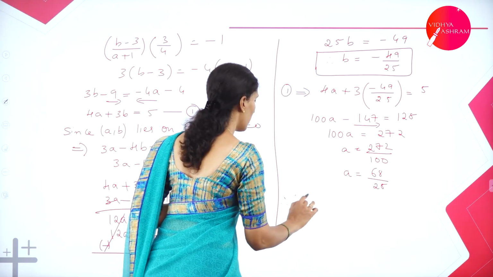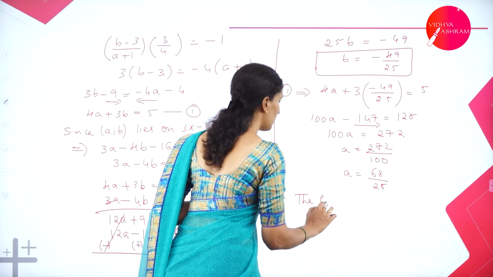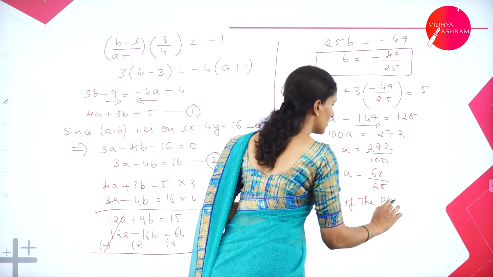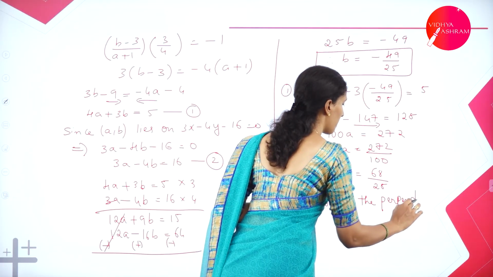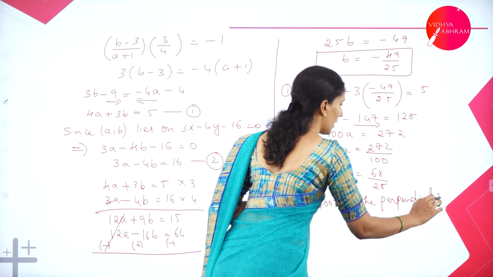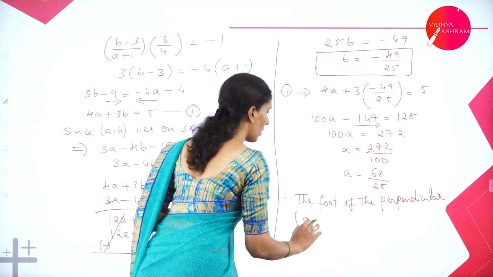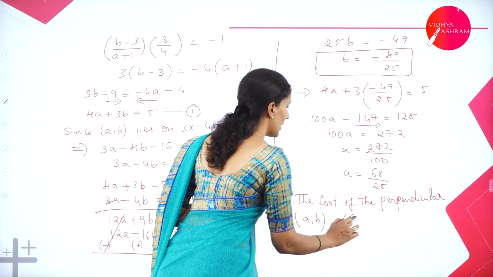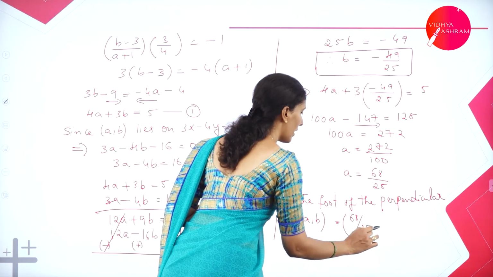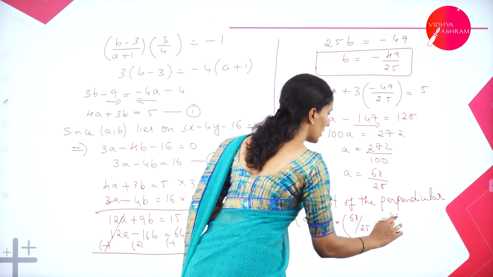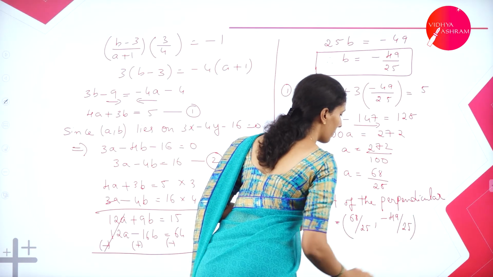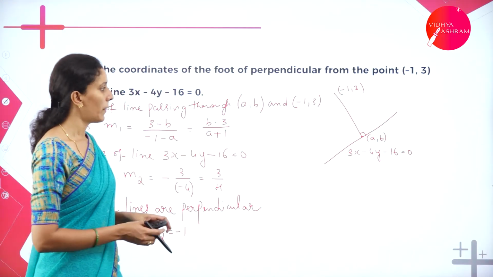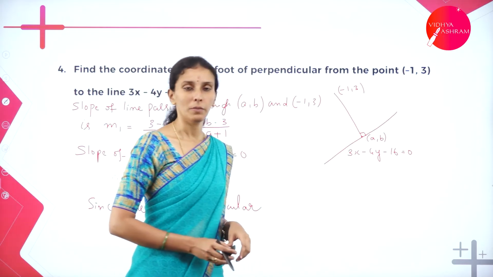So therefore, the foot of the perpendicular, A comma B, they are the coordinates. Therefore, the value is 68 divided by 25, comma, minus 49 divided by 25. So this is the coordinate of the foot of the perpendicular, that is A, comma, B.